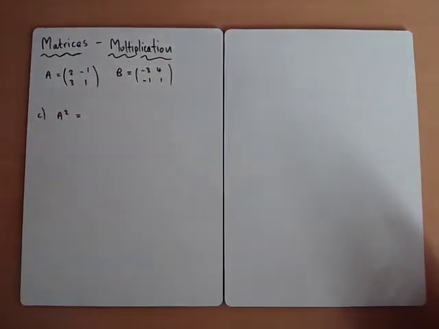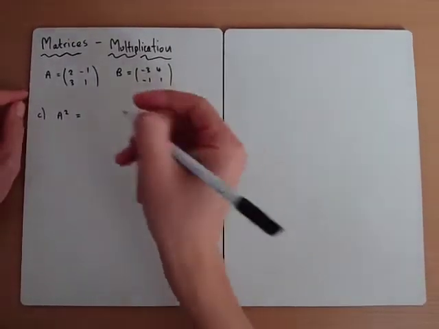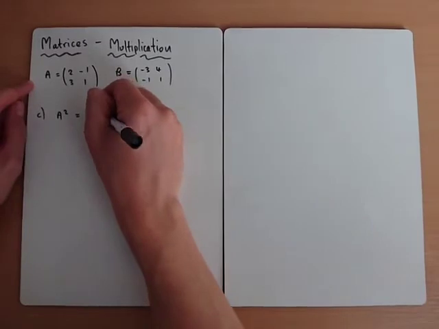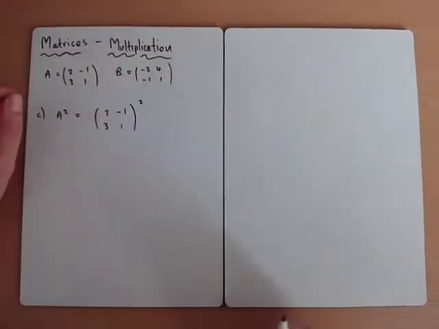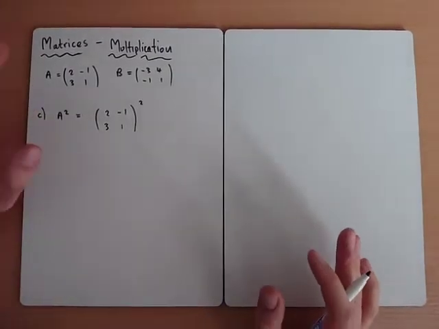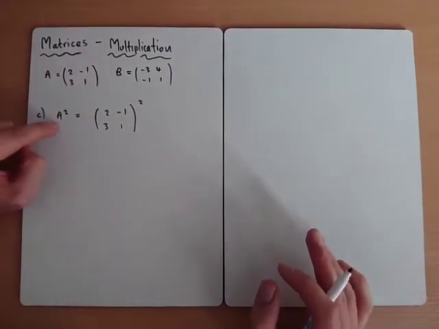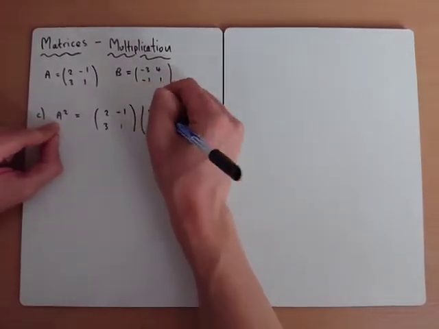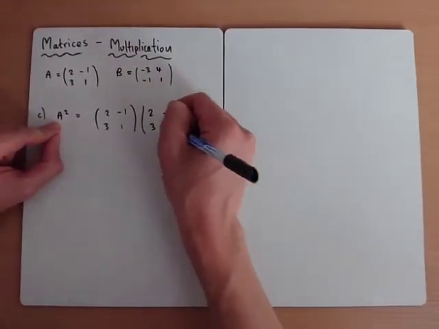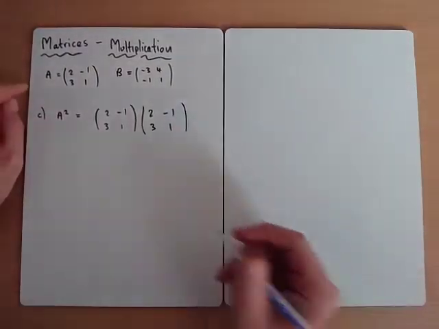So I'm going to do one more. Let's try A squared. Please do not think about squaring the numbers. It's not the same. So when we're multiplying matrices together, don't forget A squared means A times by A. Okay.